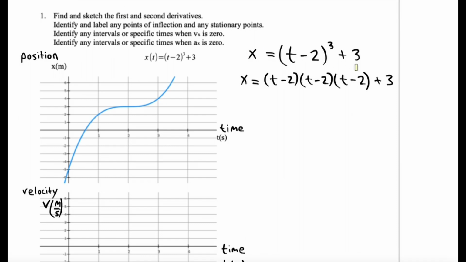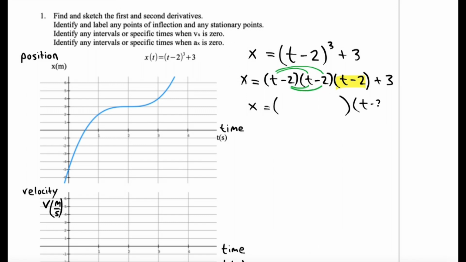Alright, so I'm going to let this guy here just be a spectator for a minute. I'm going to FOIL this. So we'll do t times t and t times negative 2 and negative 2 times t and negative 2 times negative 2.